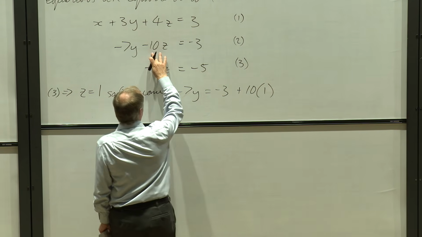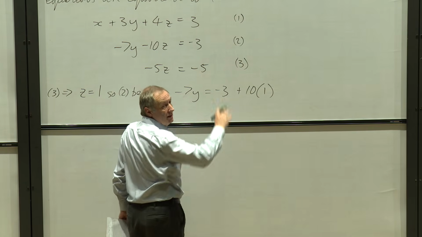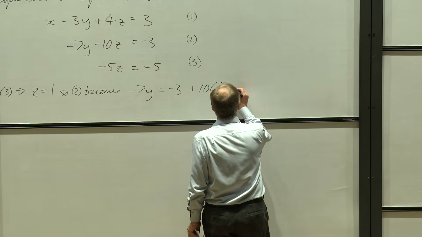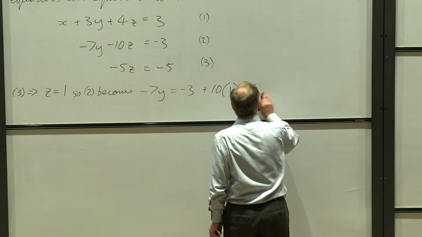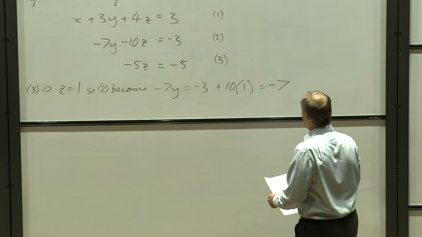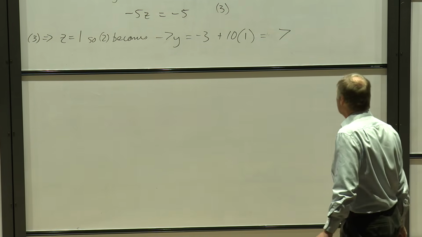That is, I've simply moved that term, now that I know what z is, onto the other side. And minus 3 plus 10 is minus 7, isn't it? Oh, minus 7. Plus 7, right? Minus 3 plus 10 is plus 7.